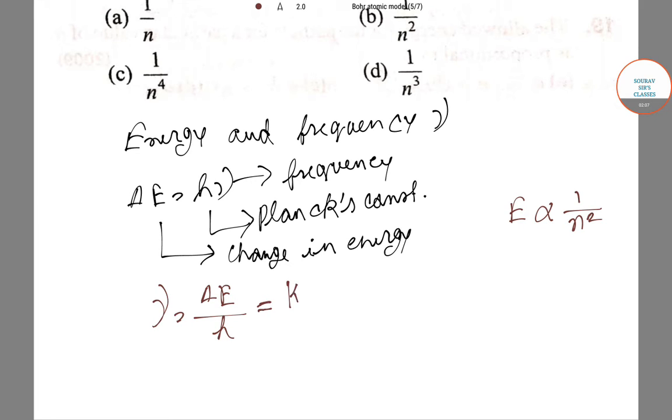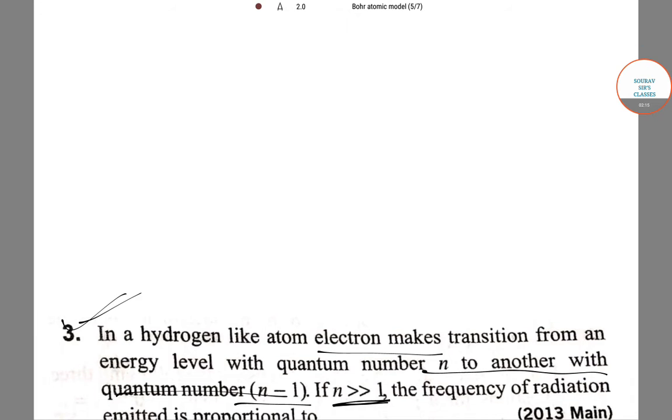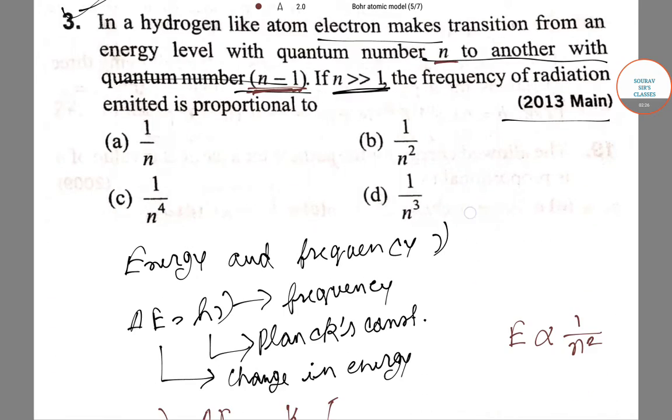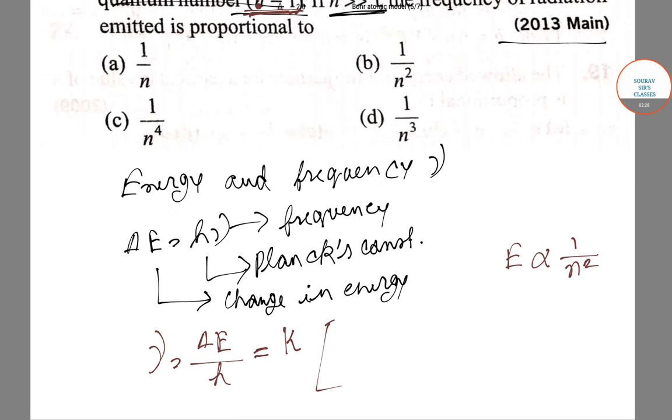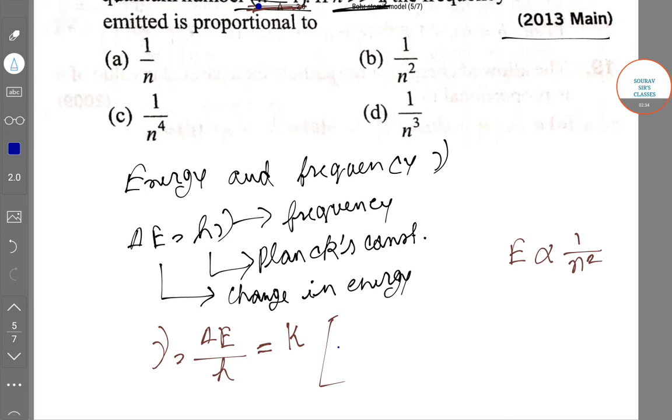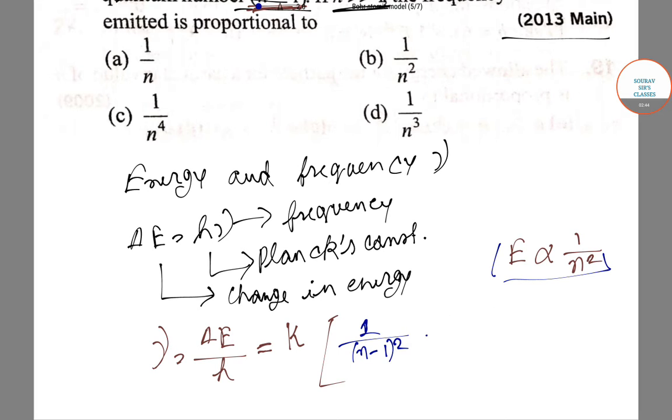Here the transition is between n and n minus 1, so we can write this as the constant k into 1 by n minus 1 whole square minus 1 by n square.